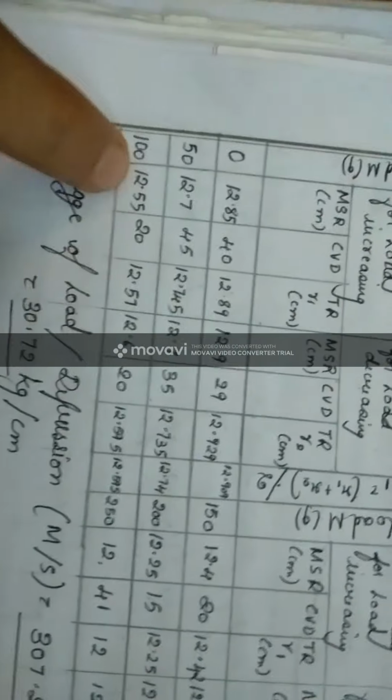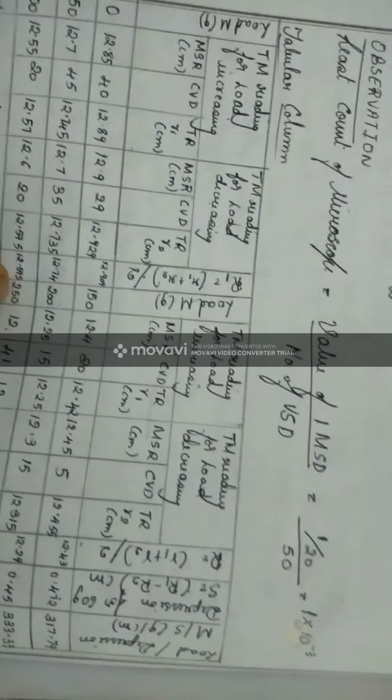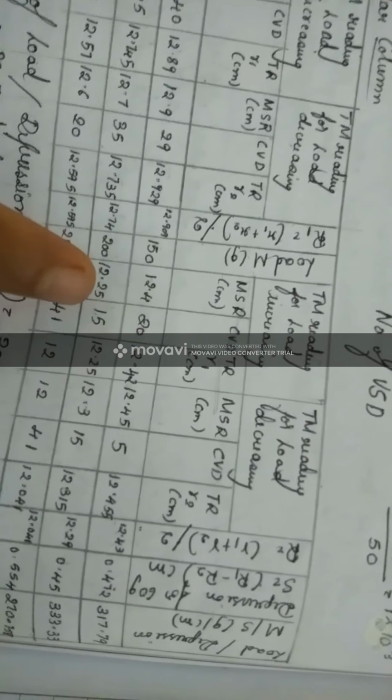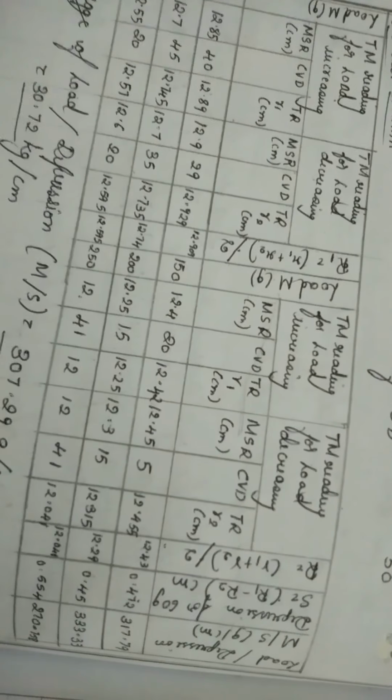Read MSR and CVD again for the 100 grams and record it here. This procedure will be continued up to 250 grams, which means every time I have to add 50 grams. After adding 50 grams, you have to record MSR and CVD for that particular load.